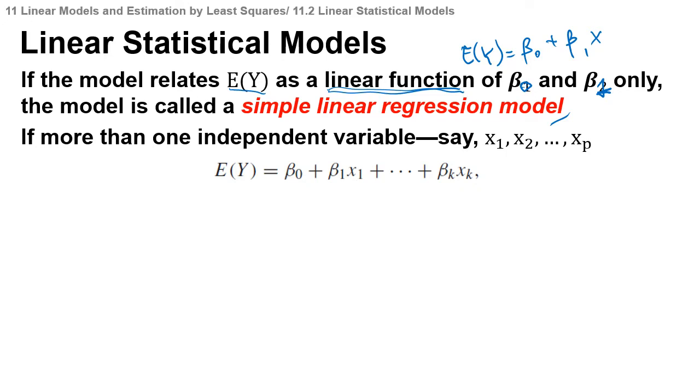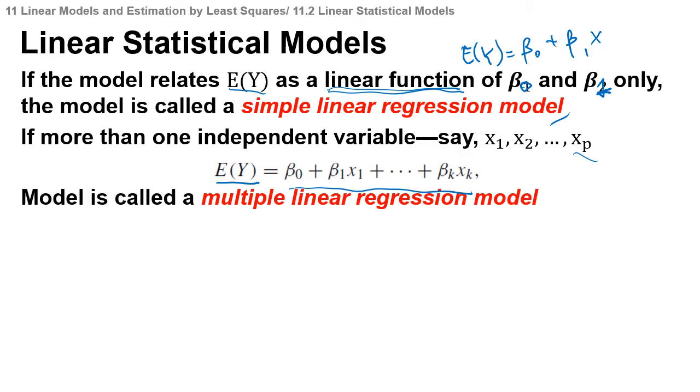And if there is more than one independent variable, say x1 to xp, then we can model our expected value of y with a linear relationship, and in this case we call it a multiple linear regression model.